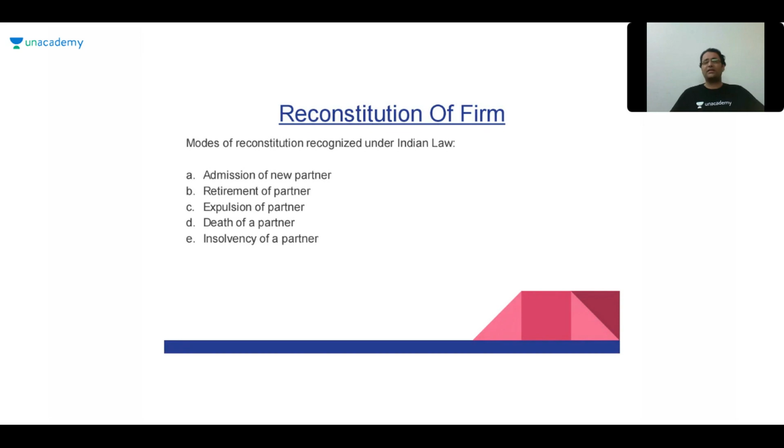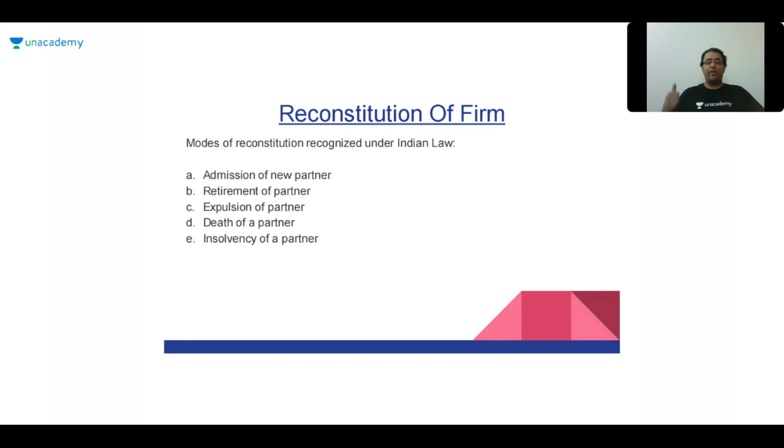Let's say A, B, and C are carrying on a business, a partnership firm, and suddenly they decide to get D into the partnership firm. Is it an admission? Yes, it's an admission because D is a new partner. What does the provision relating to admission say? Firstly, all the partners, that is A, B, and C, need to give unanimous consent for admission of D as a partner.